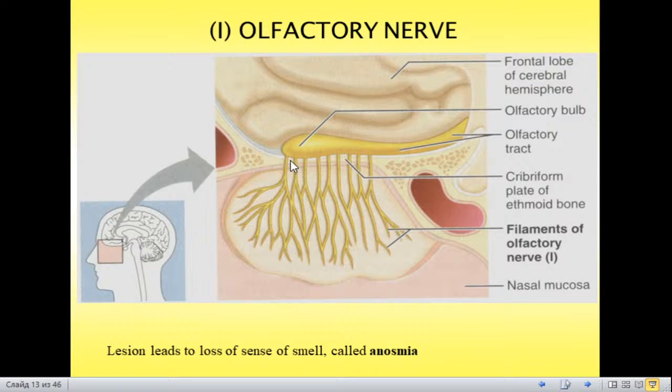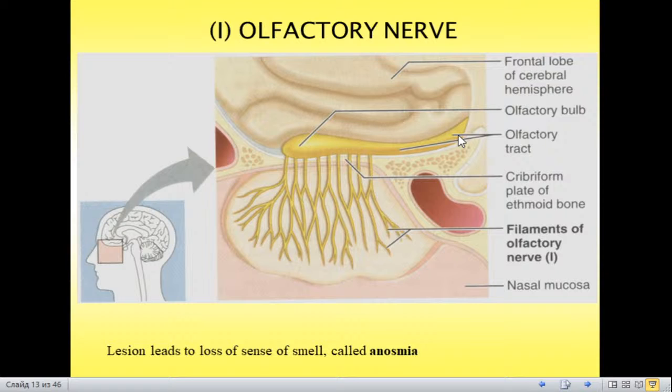These nerves penetrate the cribriform plate of the ethmoid bone and enter the olfactory bulb, where the synapse and second neuron of the olfactory conducting tract are located. Axons of the second neuron travel through the olfactory tract, and these axons terminate in three places where third neurons are located.